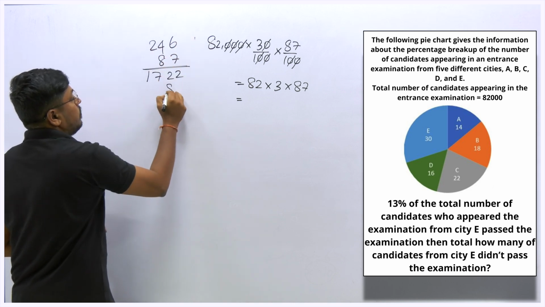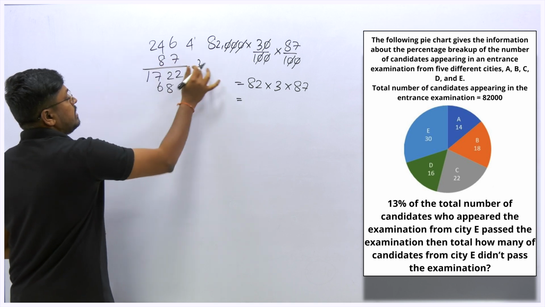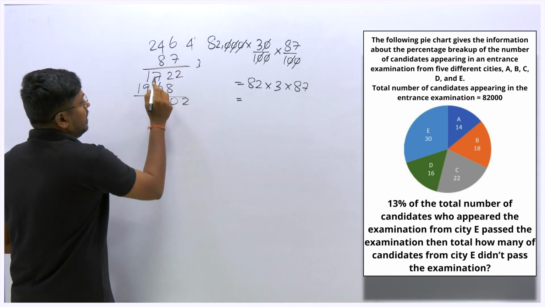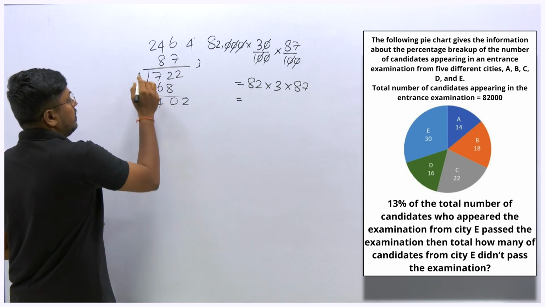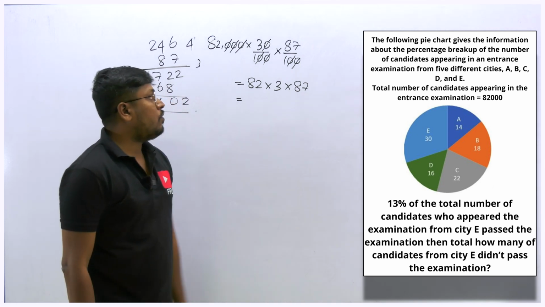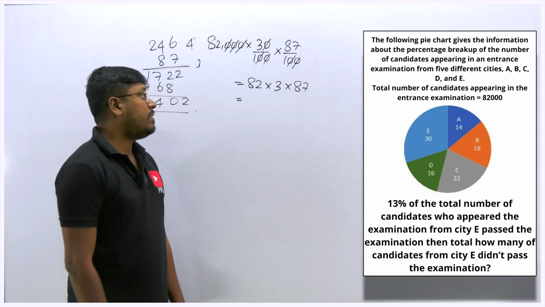Next, 8 6s are 48, 8 4s are 32, 36, 3, 16, 19. So the total is 21402. Yes, 21402 is the total number of candidates who do not pass from city E.